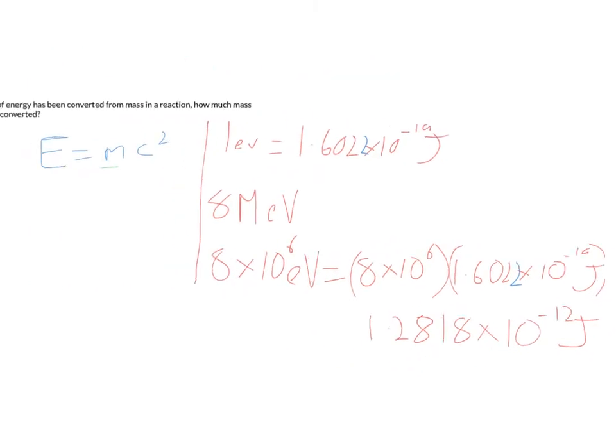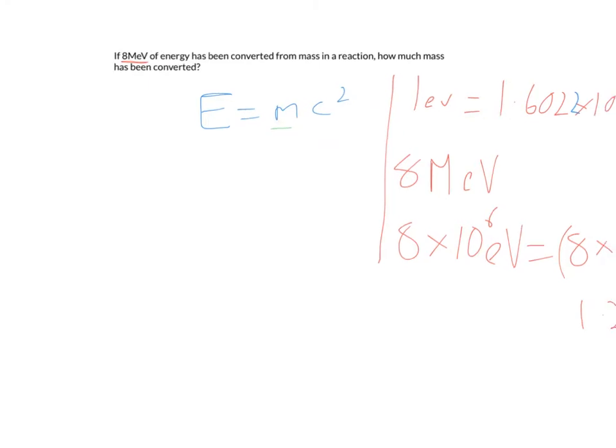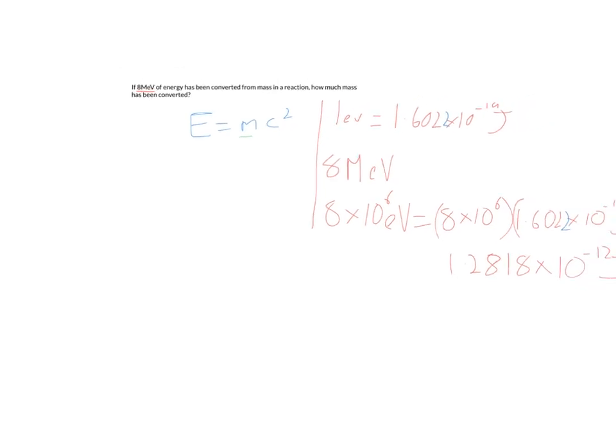We're in a position where we can go back and fill that into the original formula. So we have the energy, we know the speed of light, and then we can rearrange that to solve for mass. So if we fill in a new value for energy, it's going to be 1.2818 times 10 to the power of minus 12.